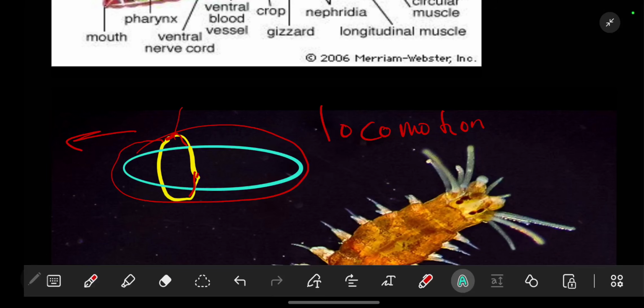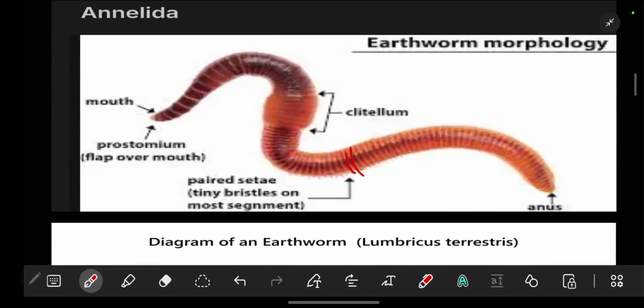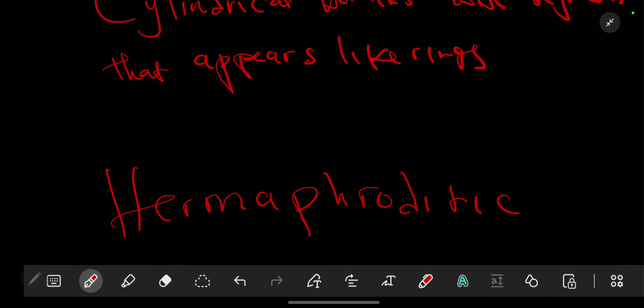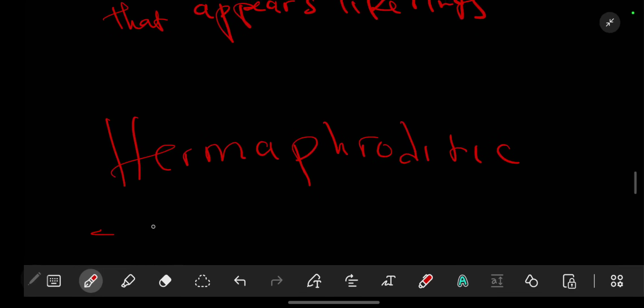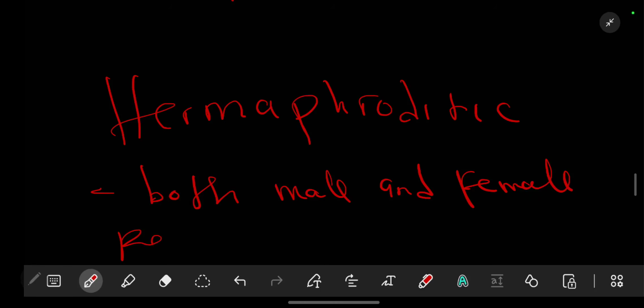Their reproduction is both sexual and asexual. They are mostly hermaphroditic. What does this mean? In simpler terms, this simply means they have both male and female reproductive parts.